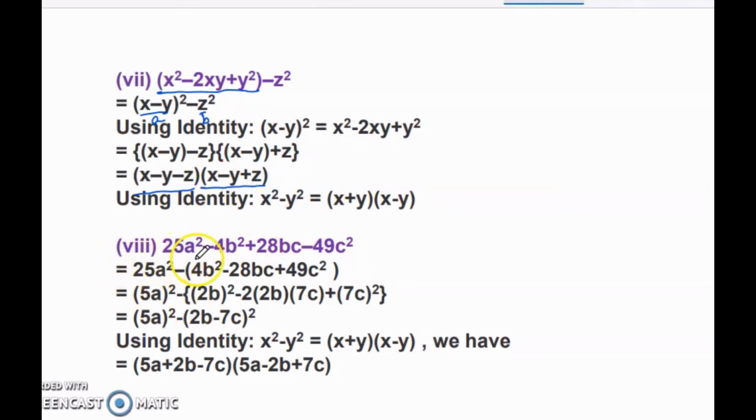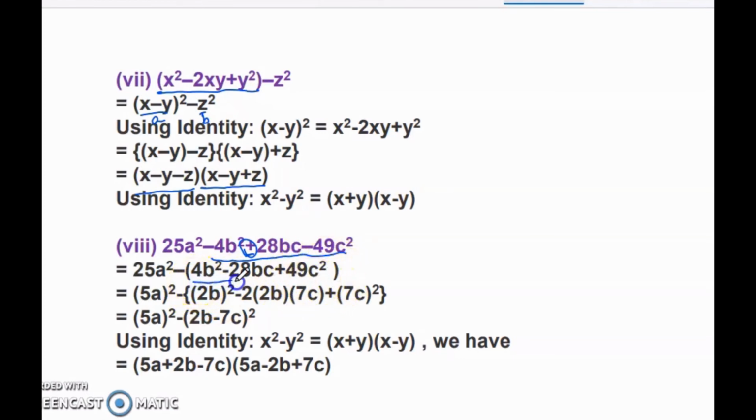The eighth one is 25a square minus 4b square plus 28bc minus 49c square. Now in this one, we can group these three terms together, and this will come in the identity form. So we will take the minus sign outside the bracket. So inside we will get 4b square minus 28bc, because from here we have taken minus outside. So this plus becomes minus 28bc plus 49c square. Again this minus becomes plus.